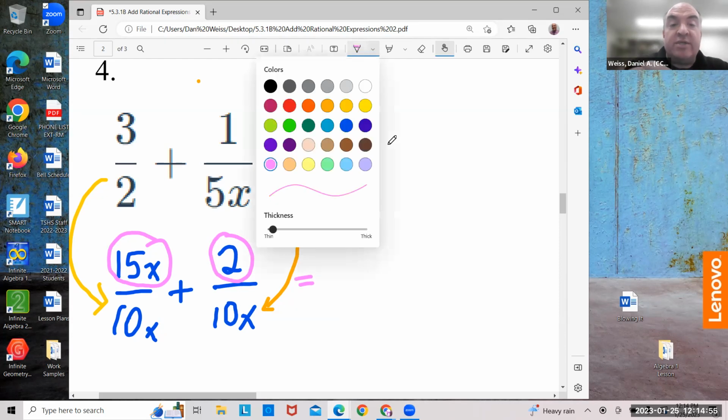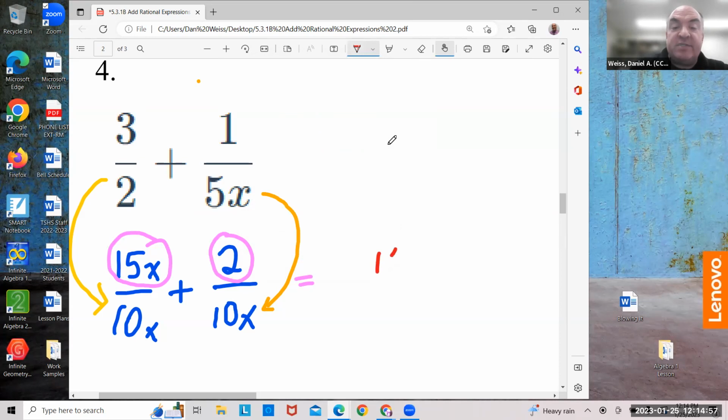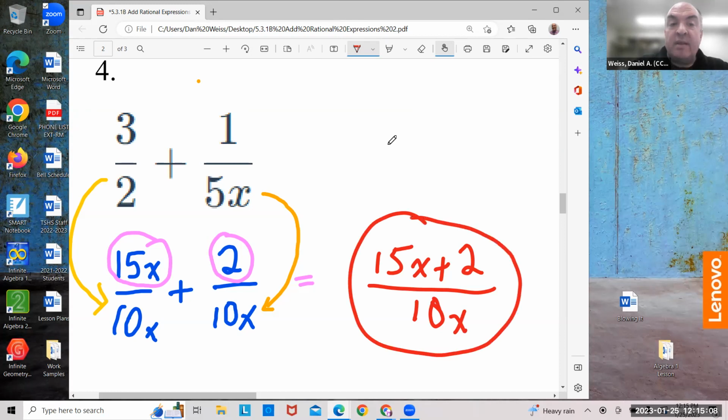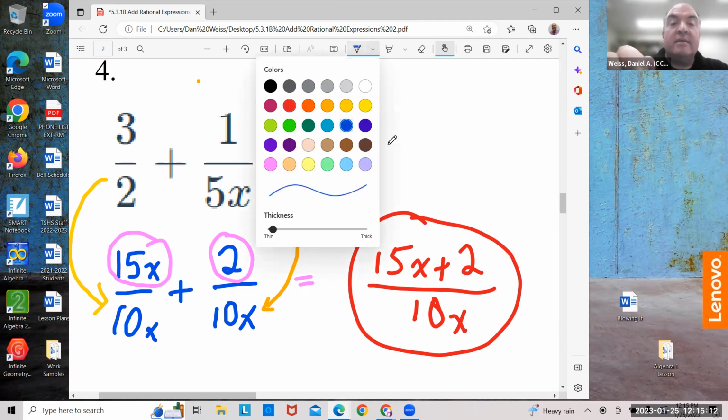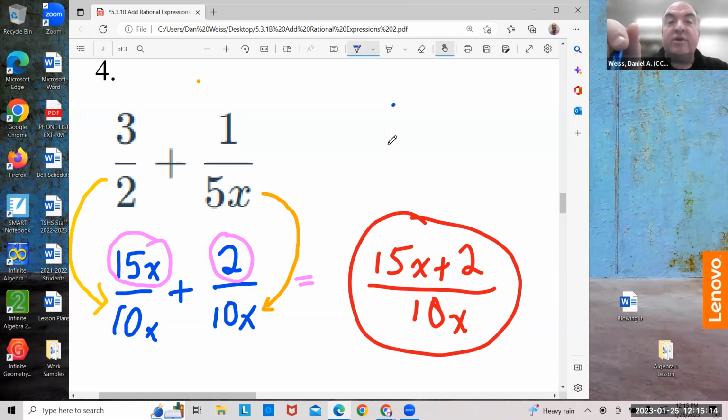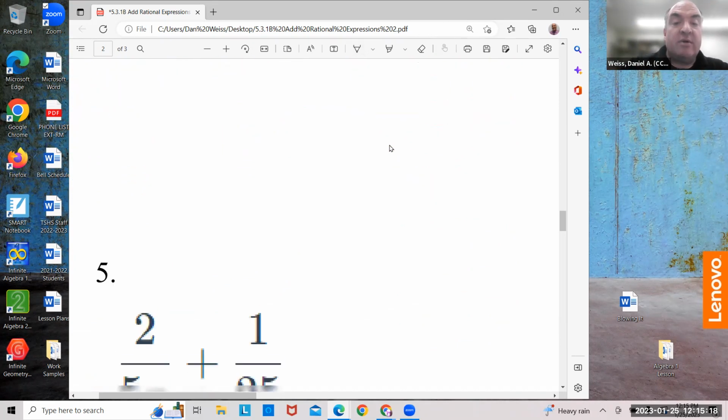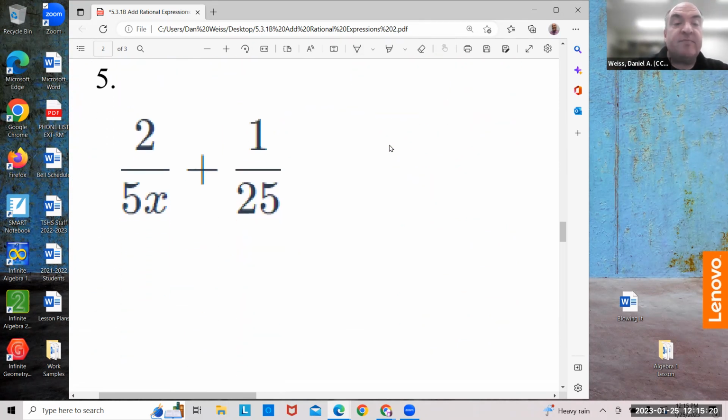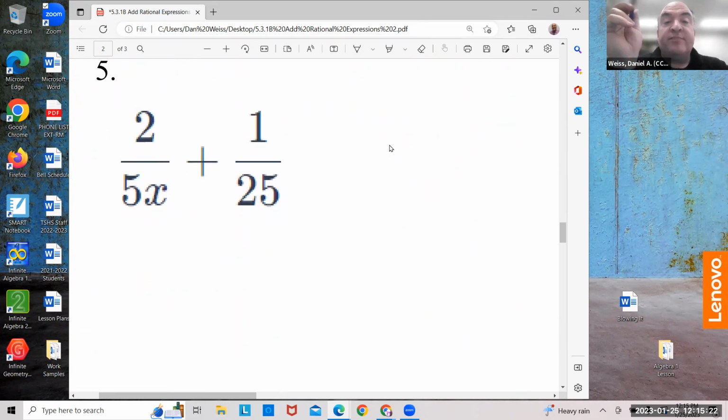So just write your answer: 15x plus 2 over 10x. And you're done. Okay? Easy. And again, don't forget to hit your A over B button first in order to put your answer in Delta Math.